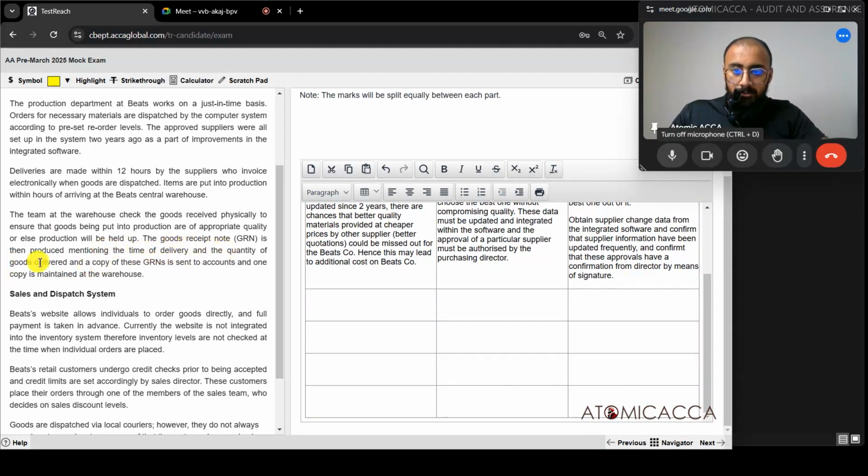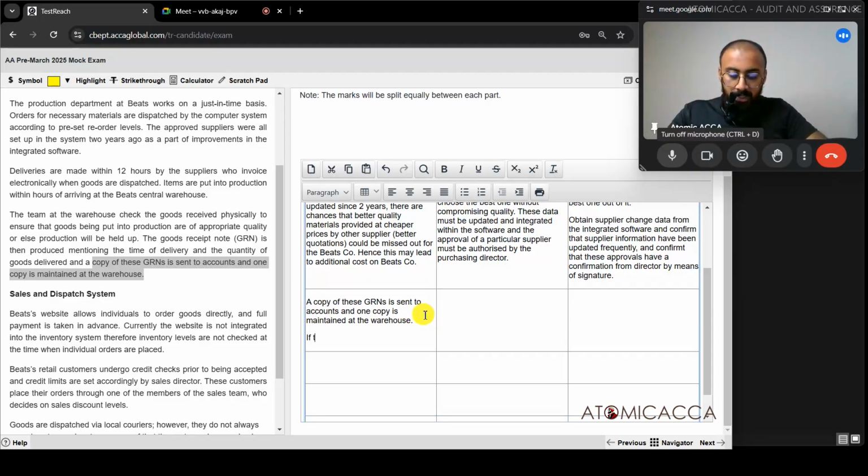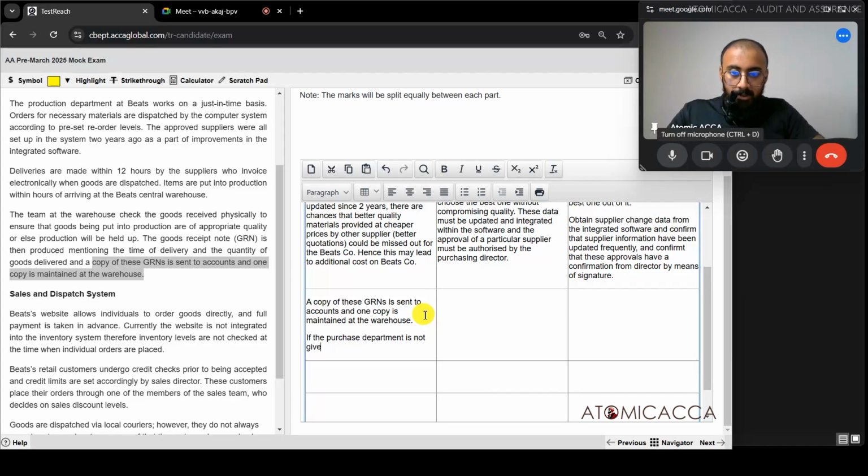a copy of these GRN is sent to accounts department and one is maintained at the warehouse. Now, if the purchase department is not given a copy of GRN, two issues may arise.